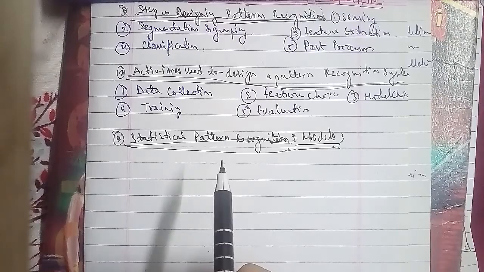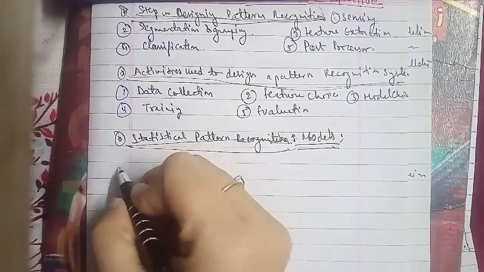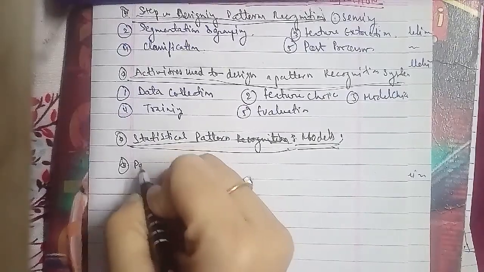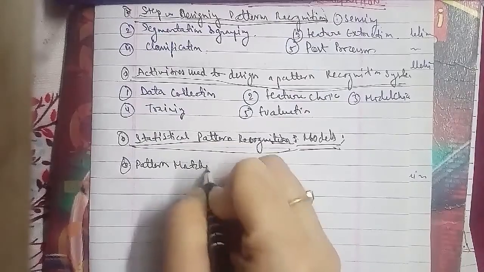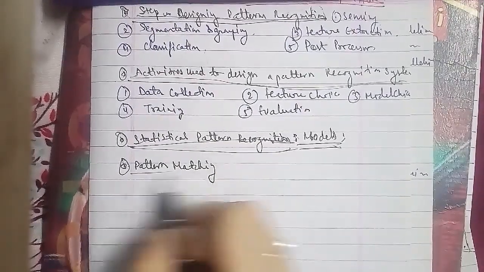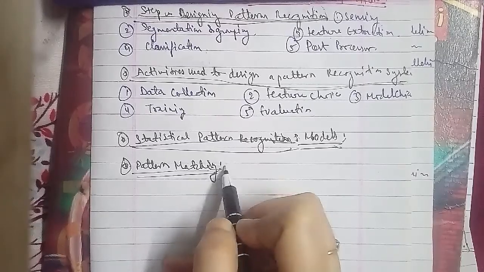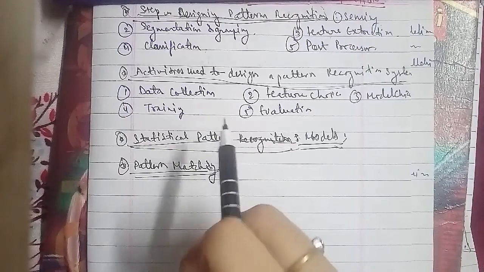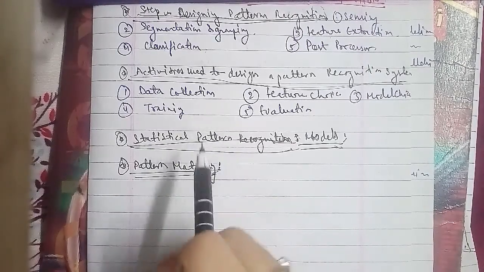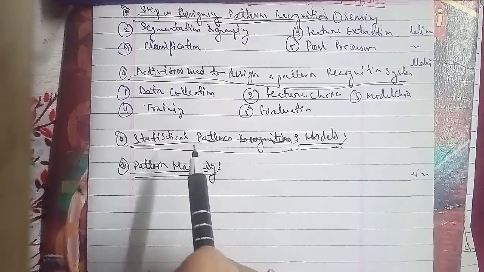Let's go ahead with another one, that is, define the term pattern matching. Pattern matching is a technique of searching a string or binary data for some set of characters based on a specific search pattern.